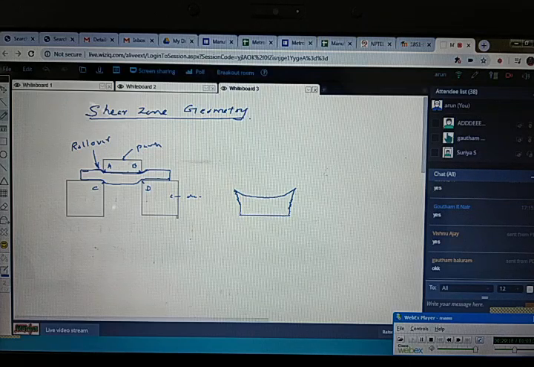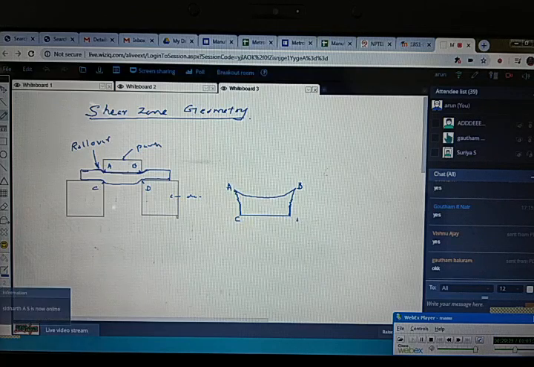Okay, it will have a shape like this. Say these two sides are somewhat finished. Say here it is A, B, C and D. These are the points, and you can see that these surfaces are polished.